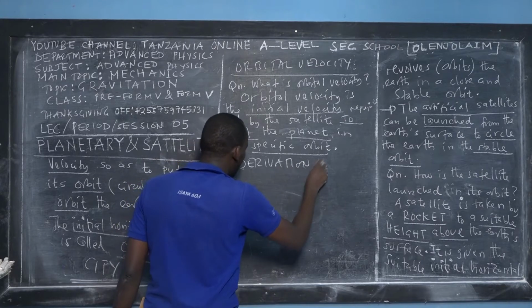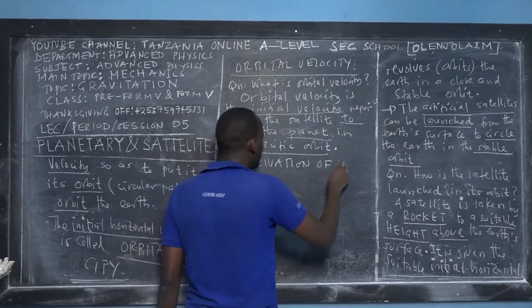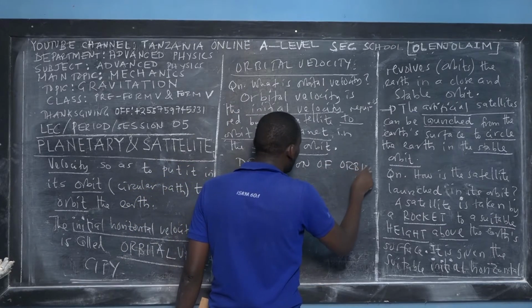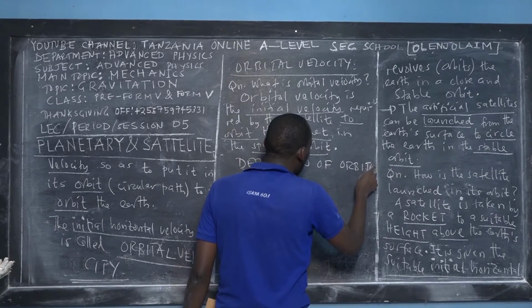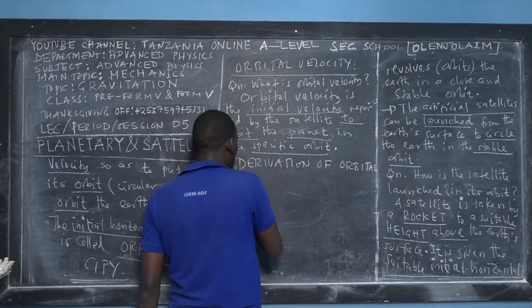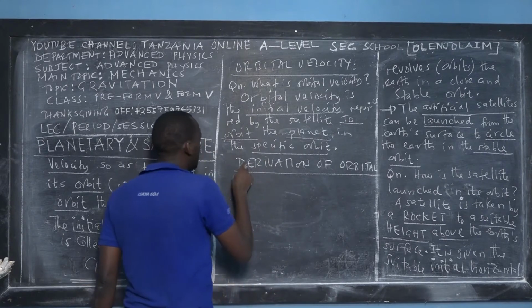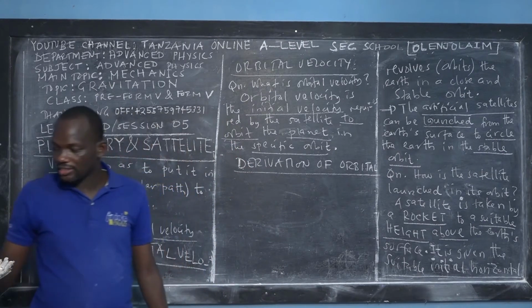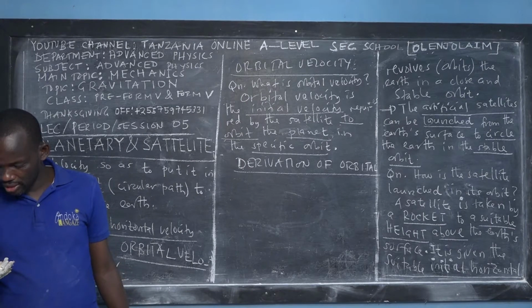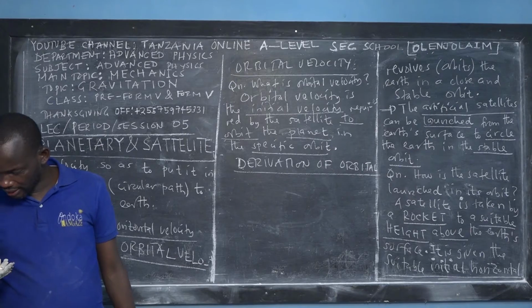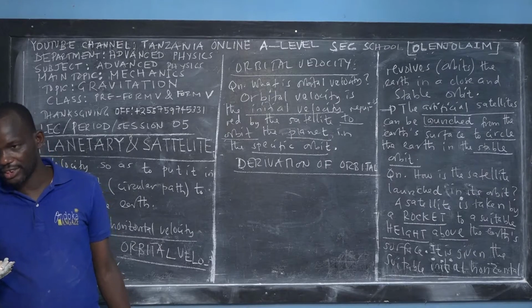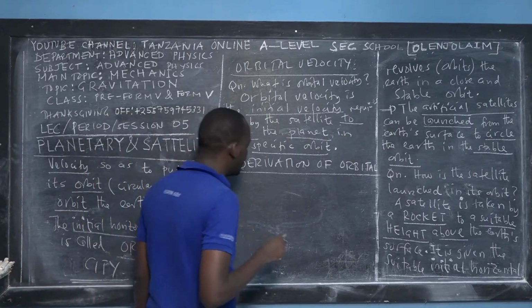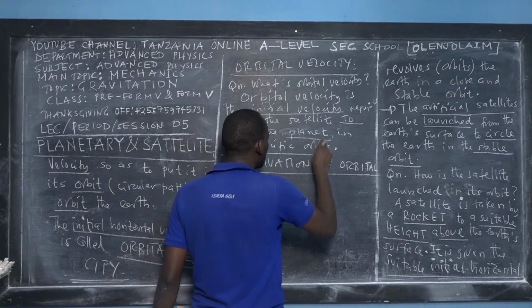There is a constant value of this orbital velocity when the satellite orbits very close to the Earth's surface, a definite initial orbital velocity.